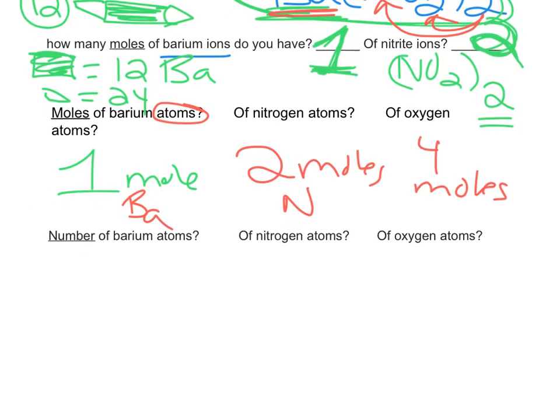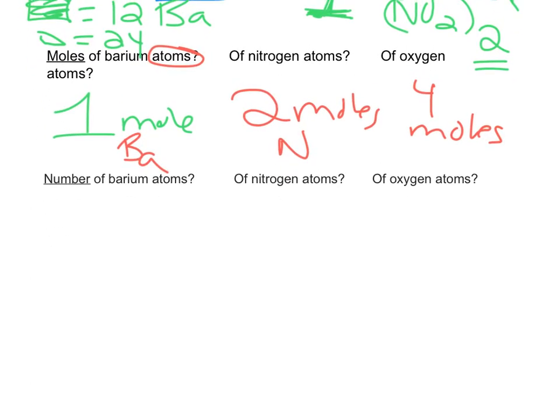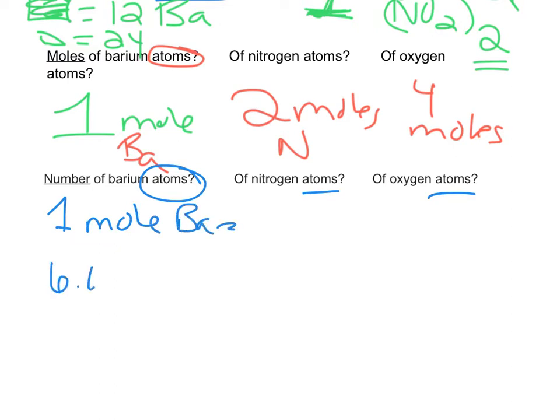And now that you know how many moles are in your formula, you could then use Avogadro's number to figure out literally how many atoms we have, literally how many pieces we have. So if you have 1 mole of barium, then you have exactly 6.02 times 10 to the 23rd atoms of barium.